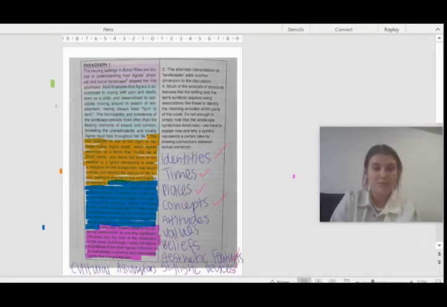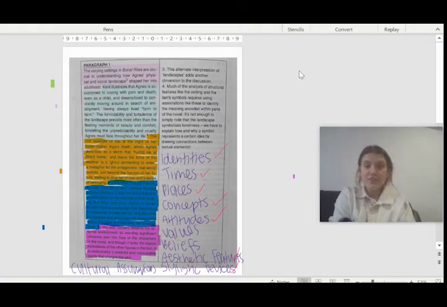However, in the explanation part of this paragraph, it says Agnes is accustomed to coping with pain and death, even as a child, and desensitized to constantly moving around. So that tells me a little bit about her attitude there. So hopefully you can see that this paragraph has done a lot and it's done it really, really well. Let's have a look at the second paragraph.